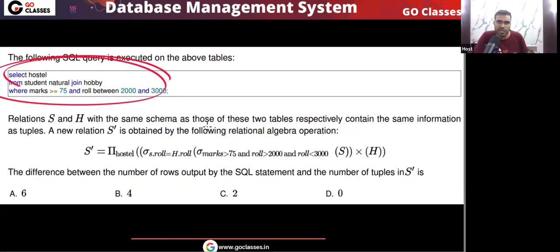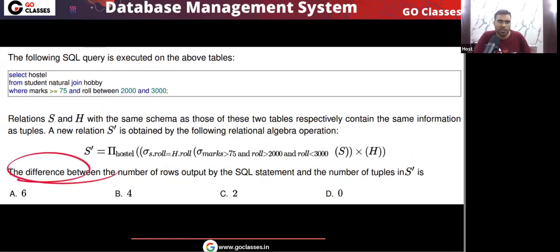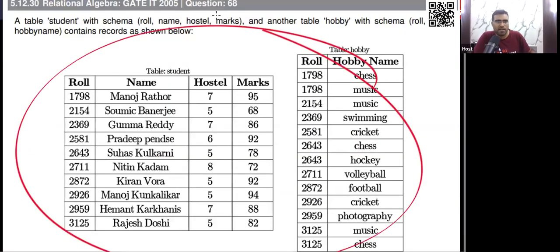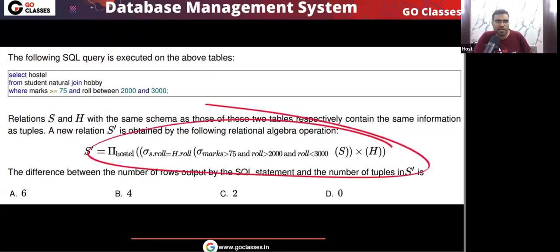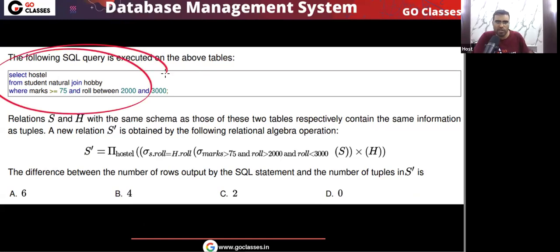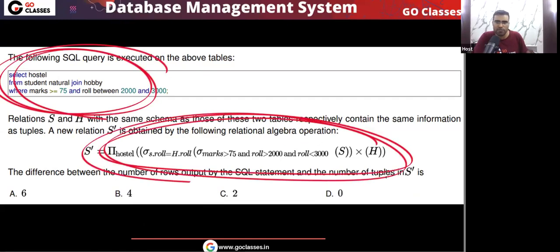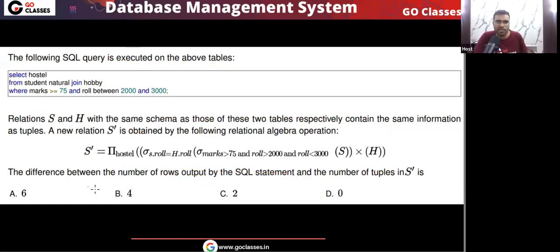How many tuples will this SQL query give you and how many tuples will this relational algebra query give you? We need to find their difference. On these two tables, let's execute this SQL query first. Then we will execute the relational algebra query, find how many tuples each gives, and then find their difference.